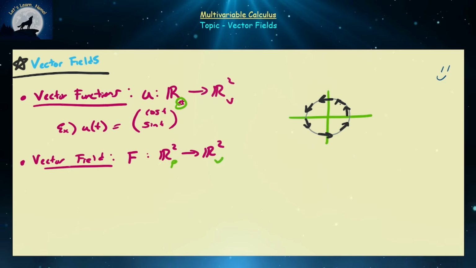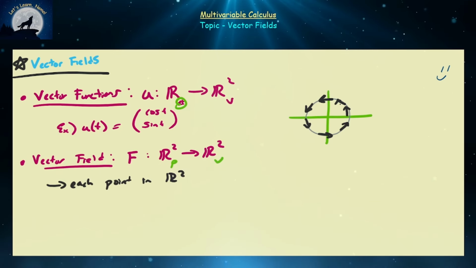So every point gets a vector, just like before, every number gets a vector. Let's note that, because I think that's a useful way to think about it. So each point in R2 gets a two-dimensional vector associated to it.